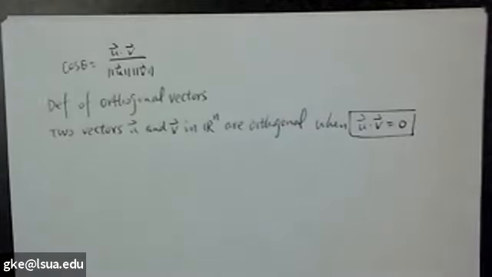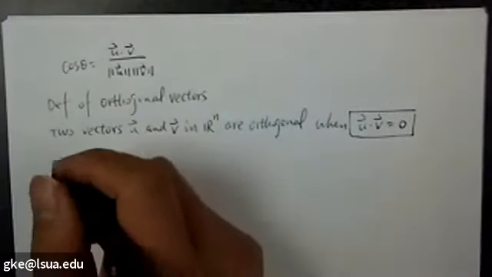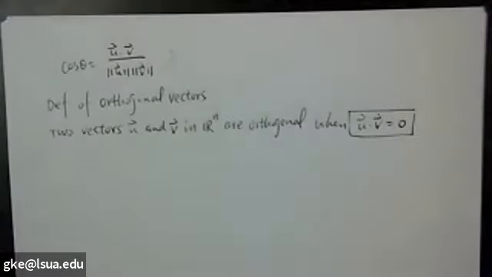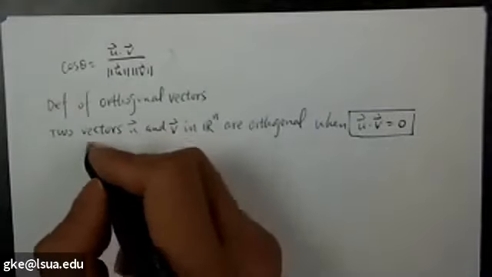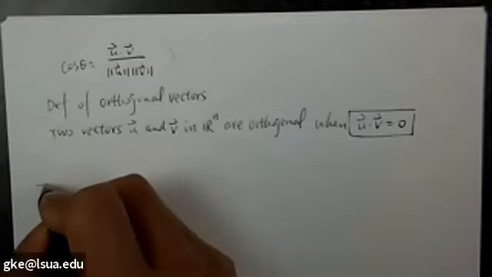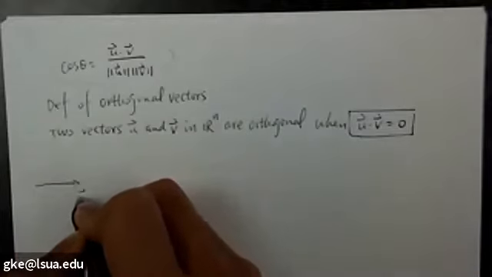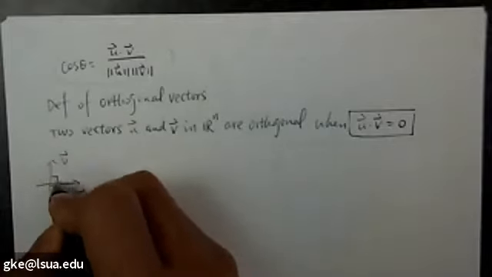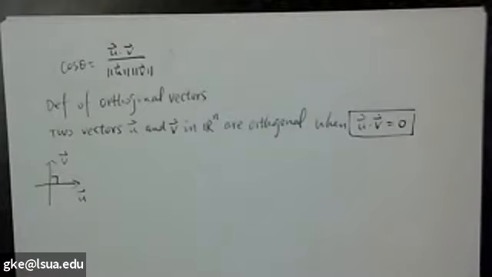Okay, orthogonal vectors. So let's take a look at how to get this property. We know if two vectors are orthogonal, that means these two are perpendicular.